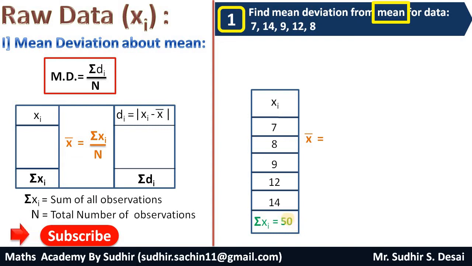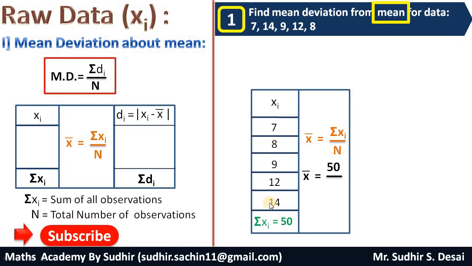The formula is the sum of the last column, that is summation xi, divided by the number of observations, n. So x bar is equal to 50 divided by the number of observations. Counting 1, 2, 3, 4 and 5, the total number of observations is 5. So x bar is equal to 50 upon 5, which is 10. So the mean of this given data is 10.